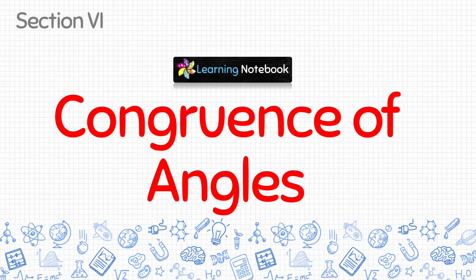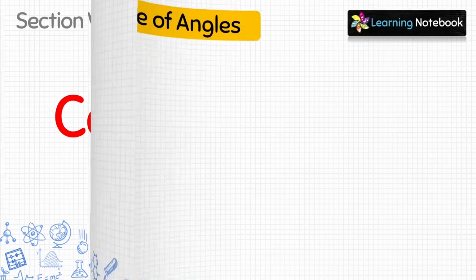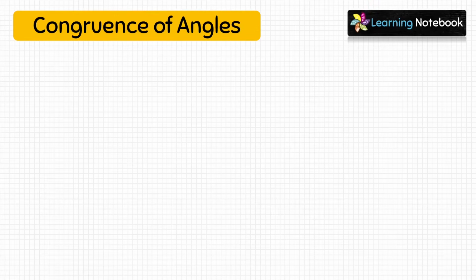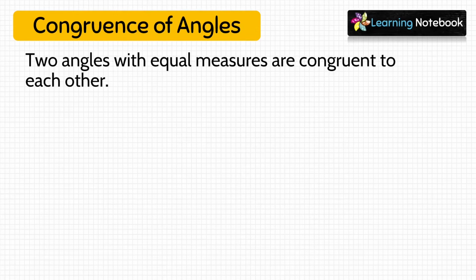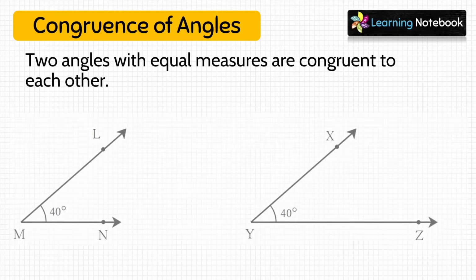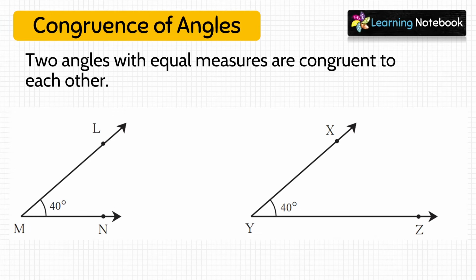Now, let's move to the next topic, congruence of angles. Two angles with equal measures are congruent to each other. Like here, angle LMN is congruent to angle XYZ because both the angles measure 40 degrees. Students, we write congruence of angles as shown here.